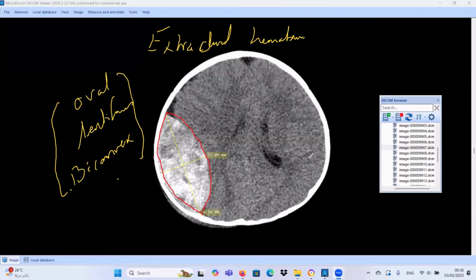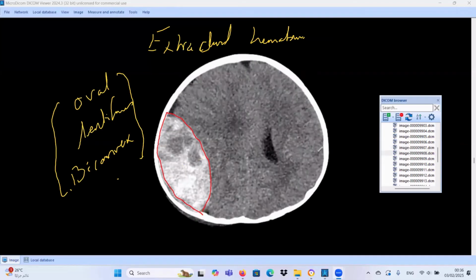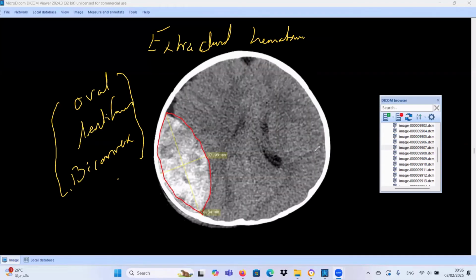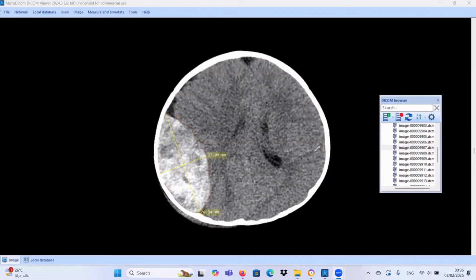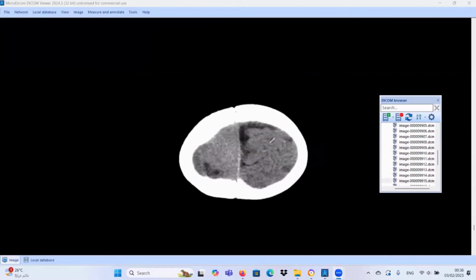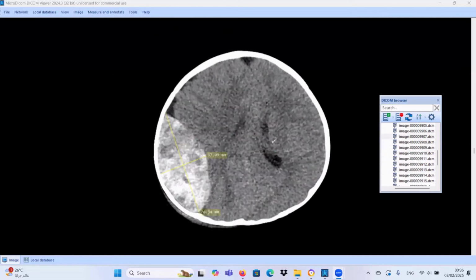If we need to describe this, we have a large extra-axial or extradural hematoma, and it exerts mass effect in the form of indentation of the underlying cortical sulci and compression of the right lateral ventricle. For sure, the right lateral ventricle is compressed.